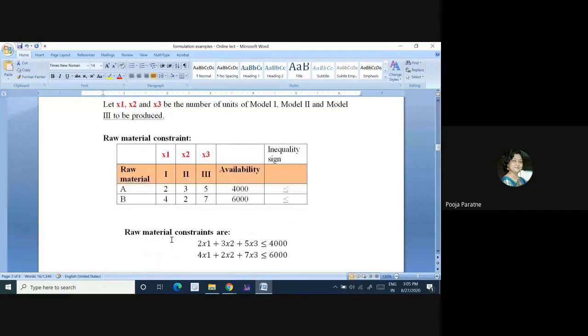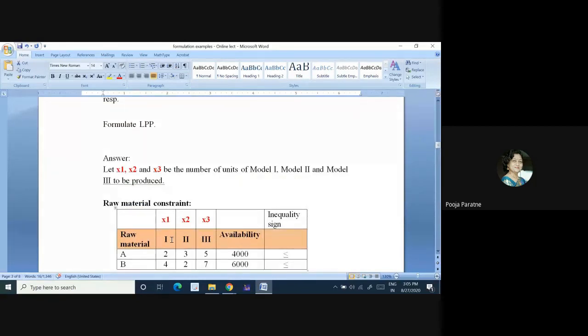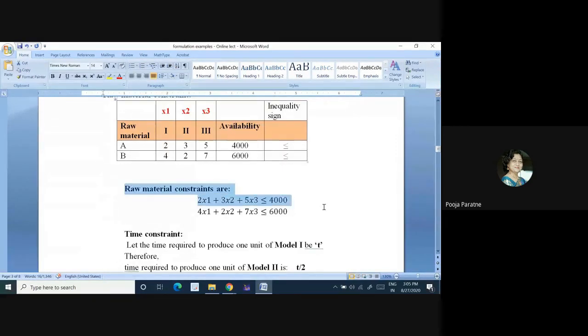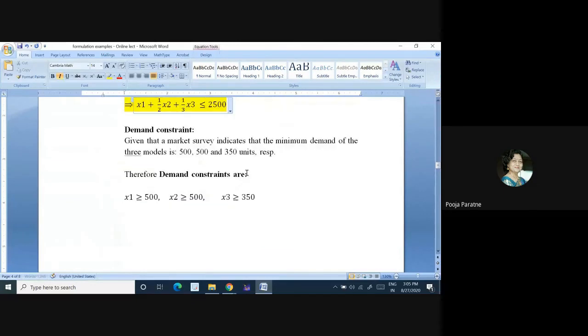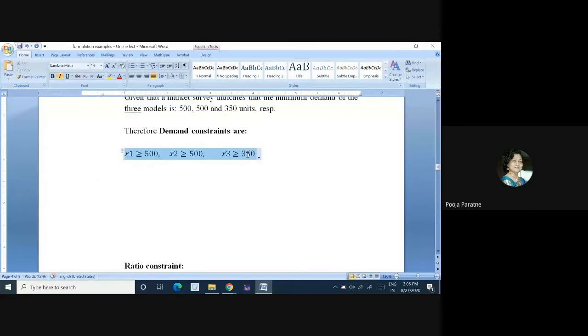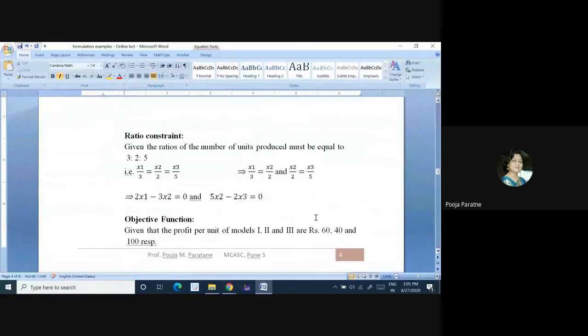Look here, have a glance now. These are my raw material constraints. Then this is my time constraint. Then these are the demand constraints, and these are the ratio constraints.